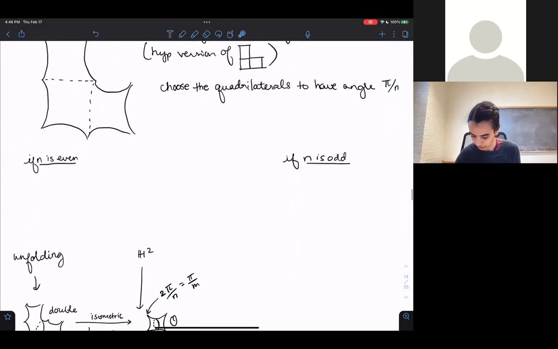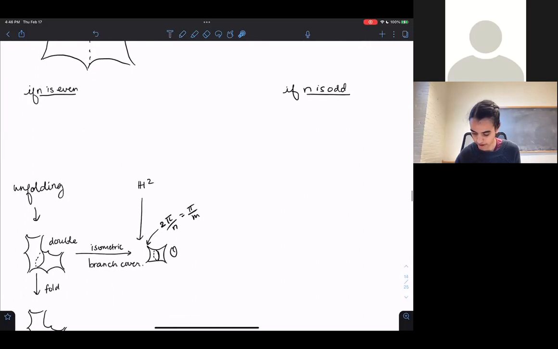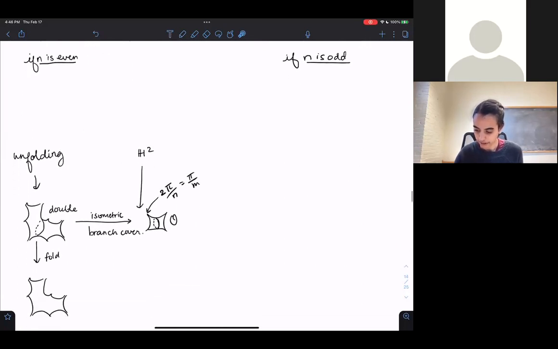So I can tile the whole hyperbolic plane with these squares, and then let me quotient by the orientation preserving subgroup of those reflective symmetries. And so I'll get this pillowcase here, made out of 2 copies of that square.